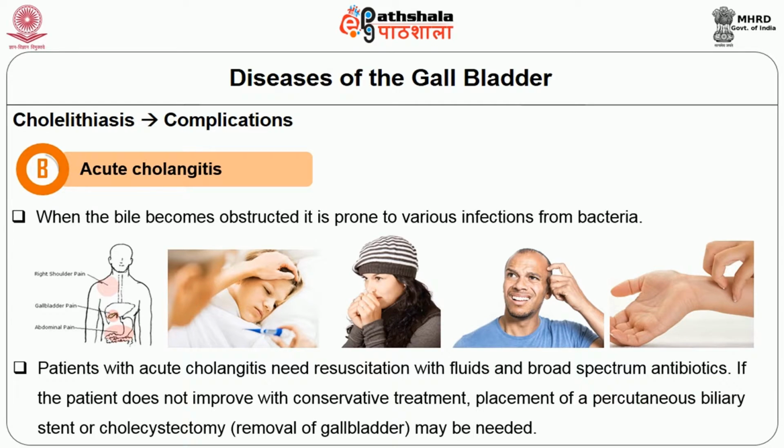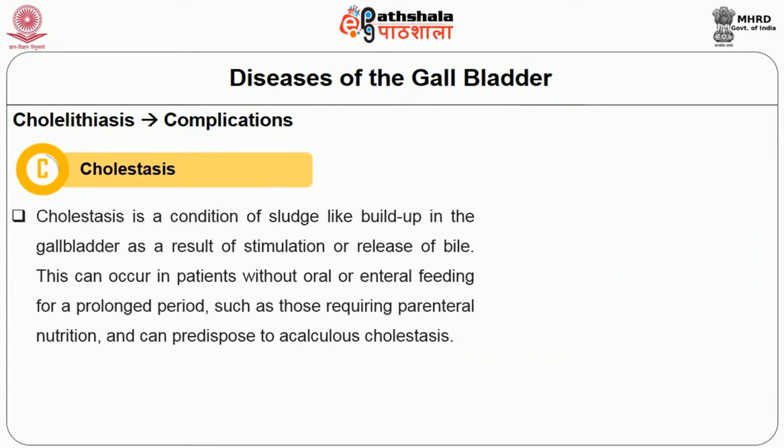If the patient does not improve with conservative treatment, placement of a percutaneous biliary stent or cholecystectomy may be required. Then cholestasis. Cholestasis is the condition of sludge-like buildup in the gallbladder as a result of stimulation or release of bile.